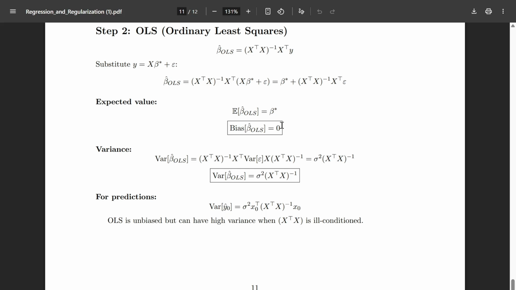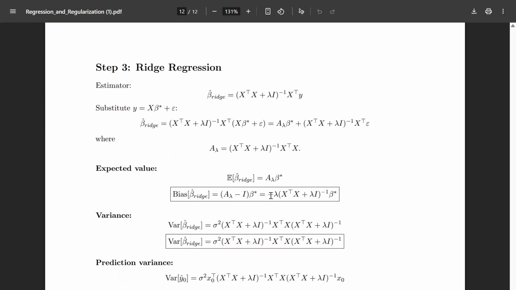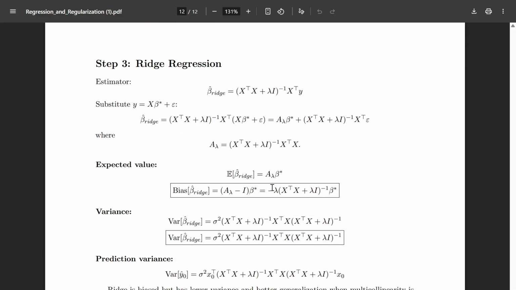So these are very fundamental machine learning concepts. Here you see that the bias is 0 and the variance is positive. But in ridge regression, the bias is non-zero, because you add a slack term and you calculate the bias, so you get something non-zero. But the variance actually turns out to be lower than the initial variance because you add a lambda to it.